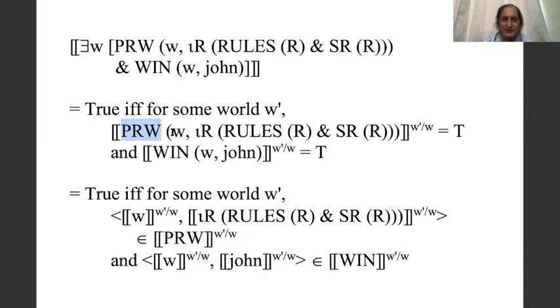PRW here is a two-place predicate. It has two arguments. We need each of the pairing of those two arguments then to be part of the denotation of PRW itself. Win is a two-place predicate. We need its two arguments to pair up to be a member of the denotation of win.